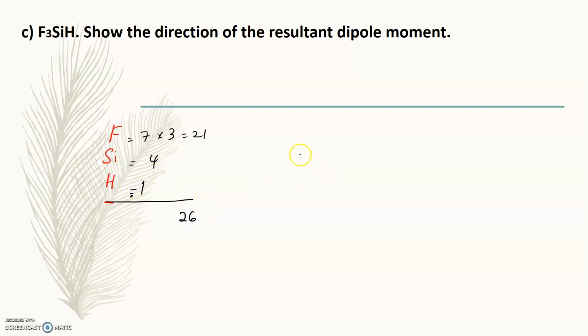Okay, so we draw Lewis structure. Silicon as central atom because of the electropositivity of the atom. 3 atom fluorine and 1 hydrogen. So make the bonding 2, 4, 6, 8. So valence is 18. And then this 18 is non-bonding electron.